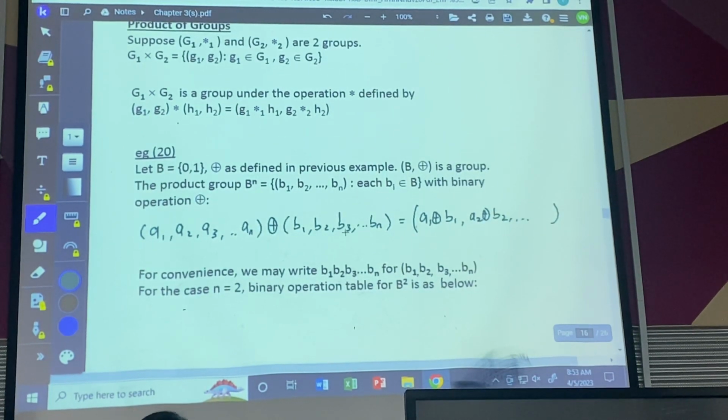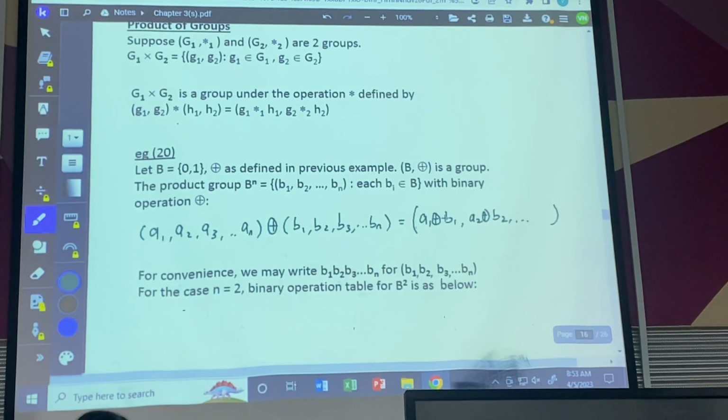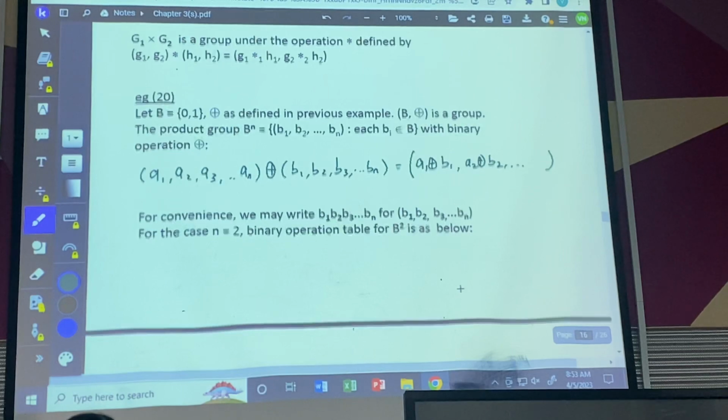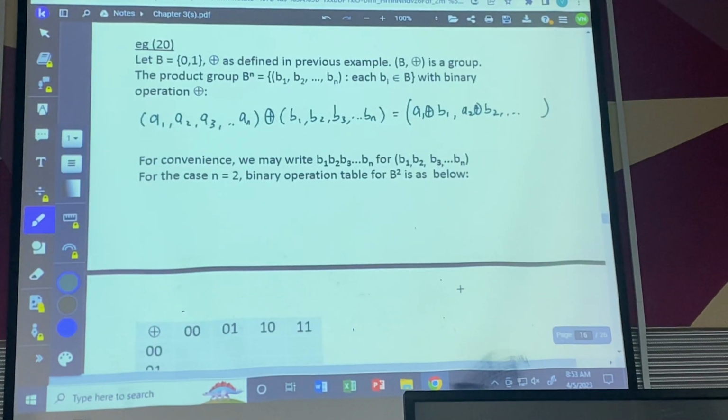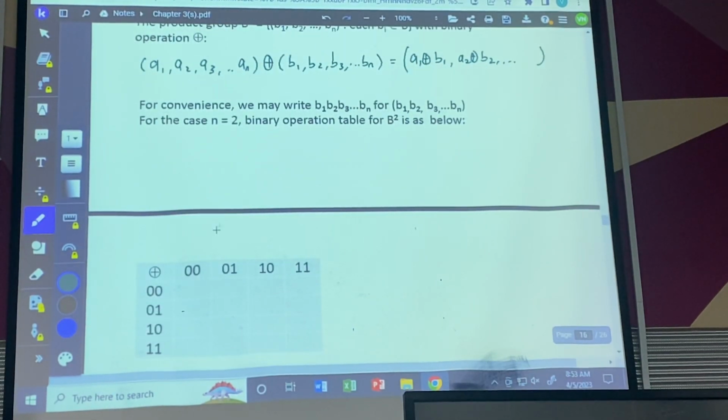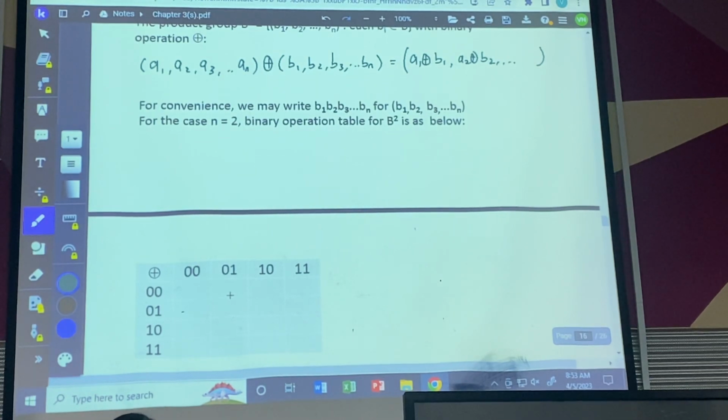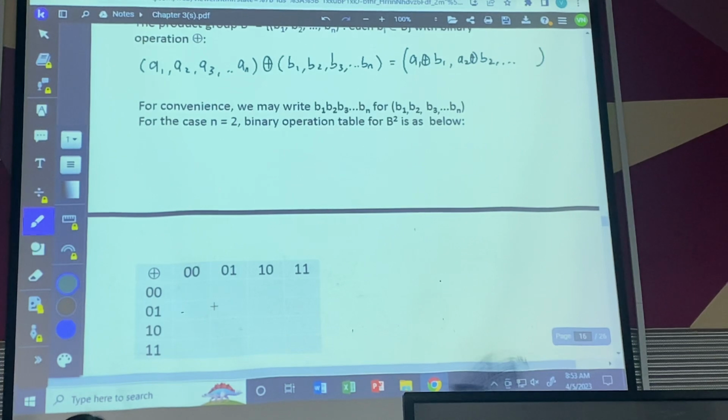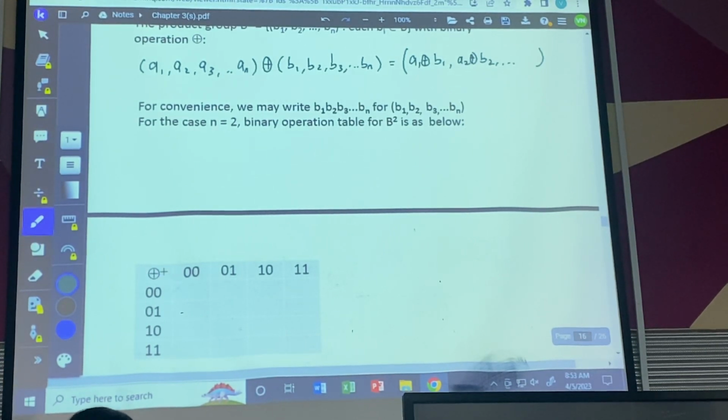Now we look at the example for 2 bits, B2. If we only have n equal to 2, then we can put it in a table like this. Combine the 0 and 1 for 2 bits, so you have 00, 01, 10, 11, using exclusive OR. That means the first element exclusive OR the first element.